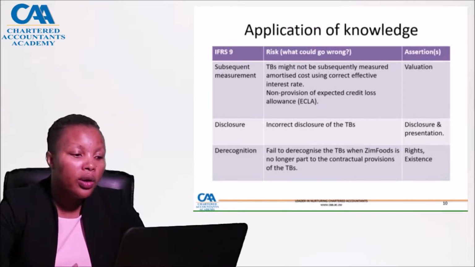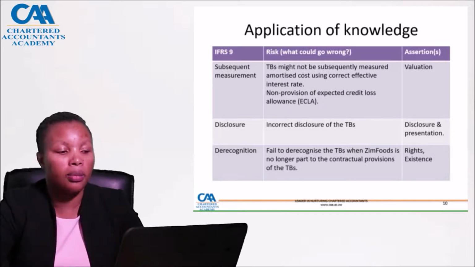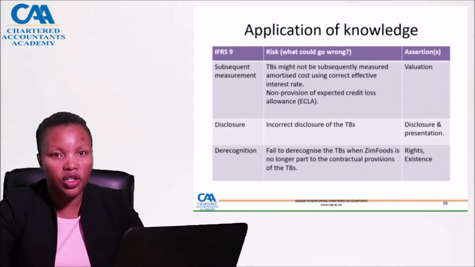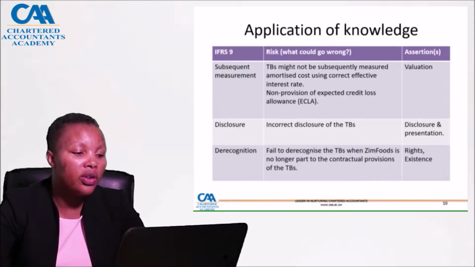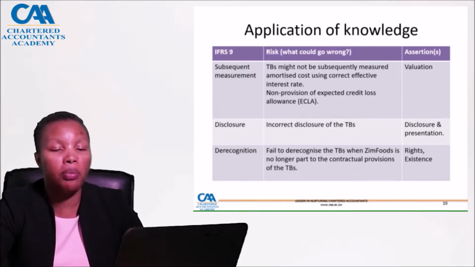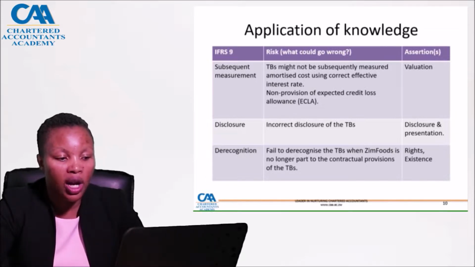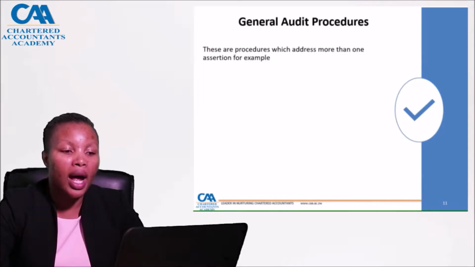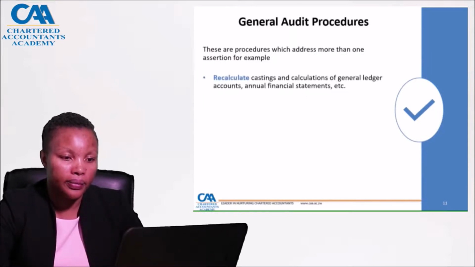Disclosures, incorrect disclosures of the treasury bill. What assertions? Disclosure and presentation. Derecognition. We might fail to derecognize the treasury bill when Zim Foods is no longer a part of the contractual provisions. And so that could also affect your rights and existence.